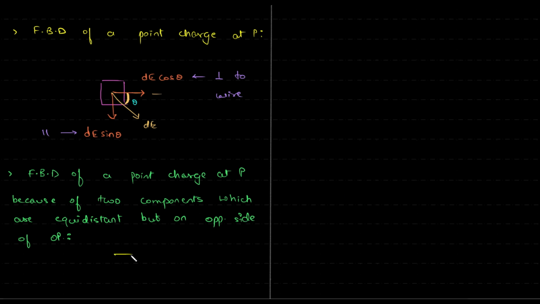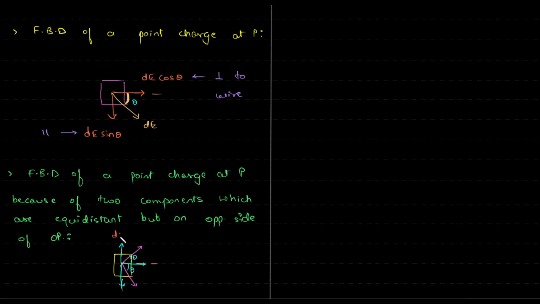So again, we are drawing the free body diagram. We have two components of the electrical field, and we resolve them. This is horizontal, this is vertical. When resolved, this is theta, this also will be theta. Agree?